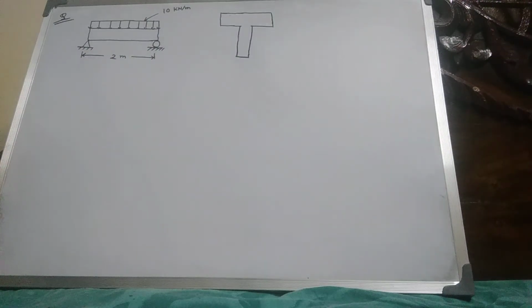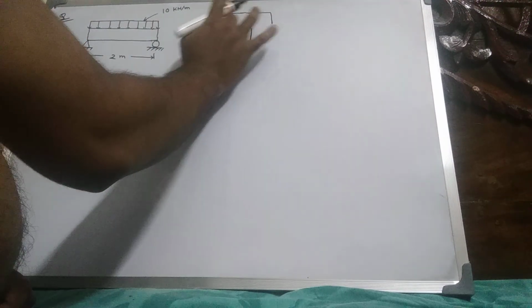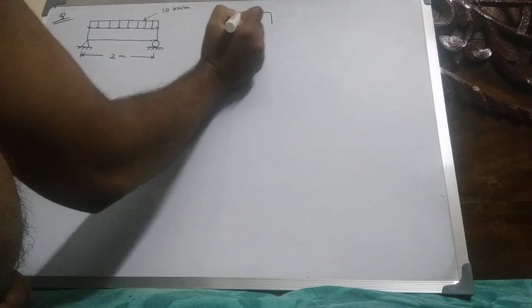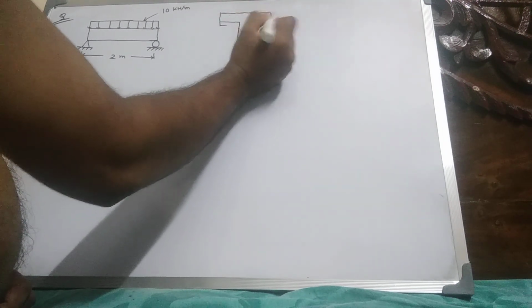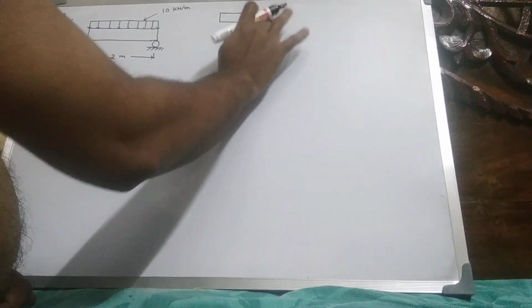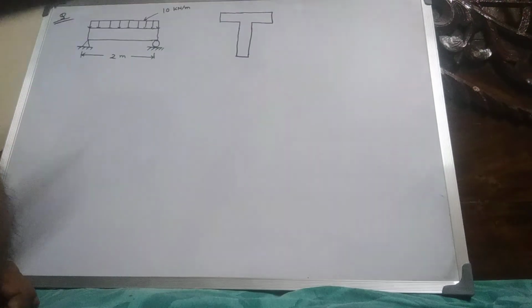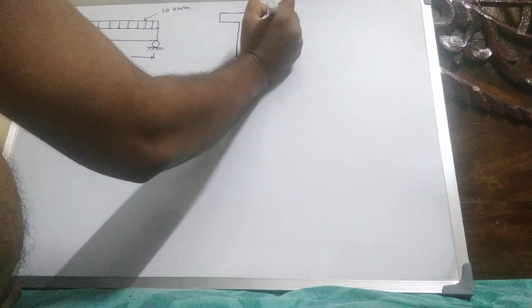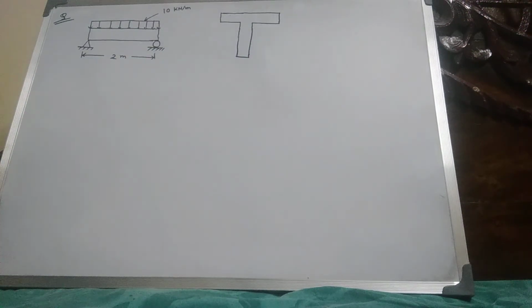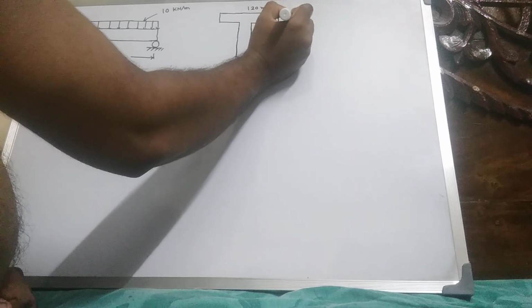Side view of the beam, T section. The dimensions: this is 120 millimeters, this is 20 millimeters.